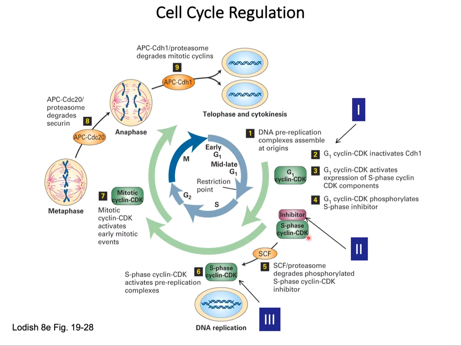These S-phase cyclins are actually made during G1, but you don't want them to be active in G1. It turns out there is an inhibitor present during G1, and the S-phase cyclin CDK dimer interacts with the inhibitor and remains inactive until the cell is ready to move into the S phase.